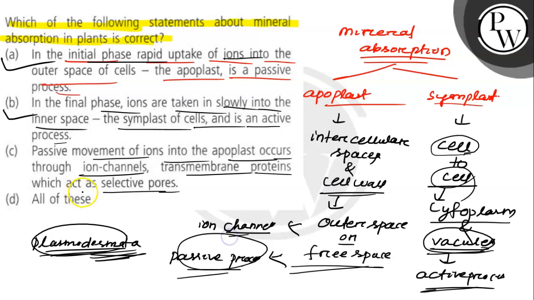Different transmembrane proteins are responsible, and they are selectively porous. Through this pore, the ions can be transported from one part to another part. These transmembrane proteins are also known as aquaporins.